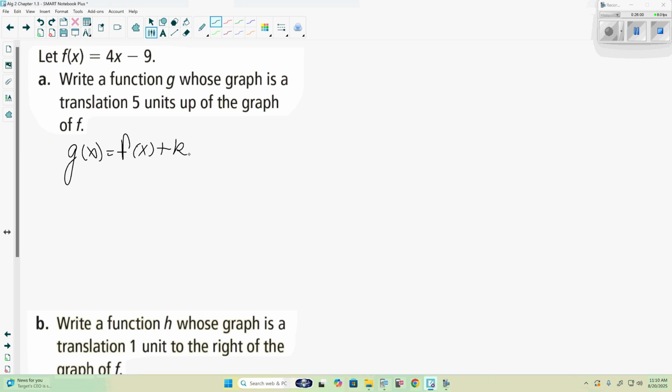So for this here, our k value would indeed be 5. Now, would it be positive 5 or negative 5? Positive, we're going up. The value of k is indeed positive 5, so we would say that we have f of x plus 5.